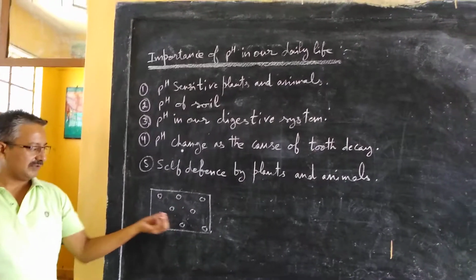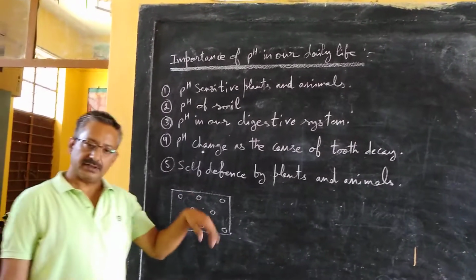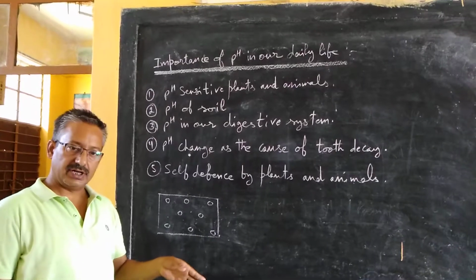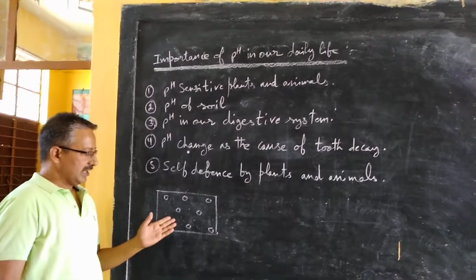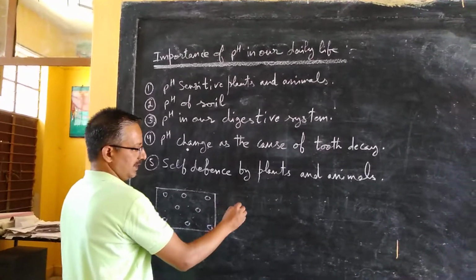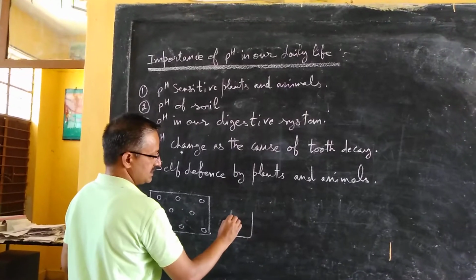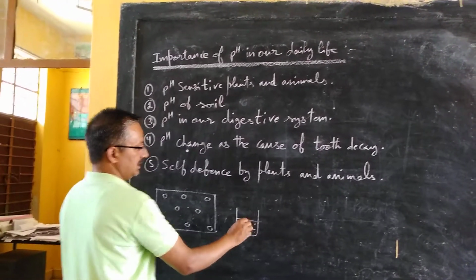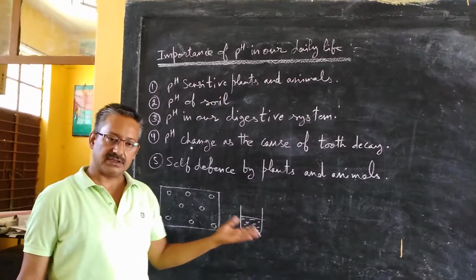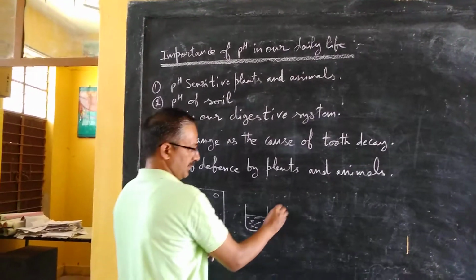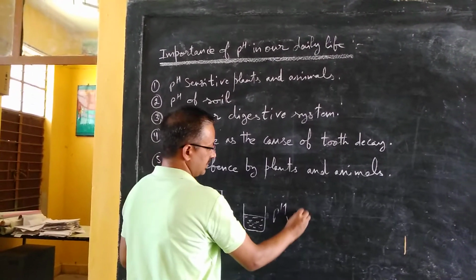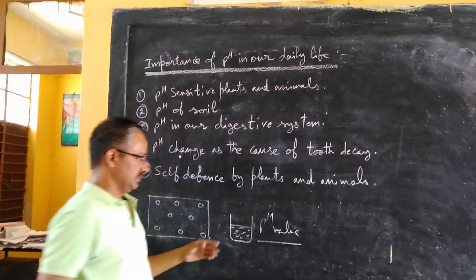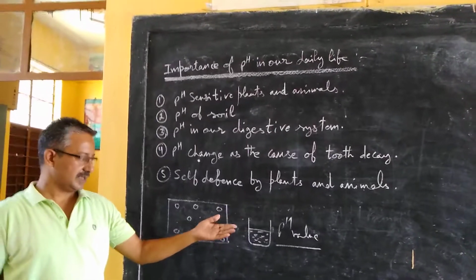Then I will mix that in water. After mixing in water, I will filter them, and in whichever filtrate is obtained, I will check the pH value. Checking pH value is very simple, we have done it yesterday.